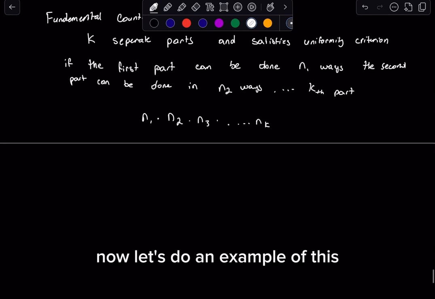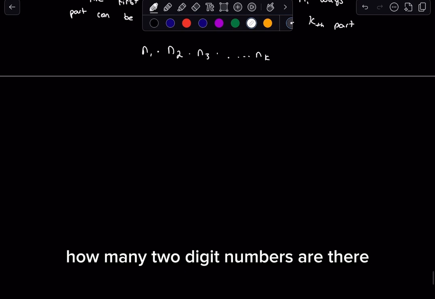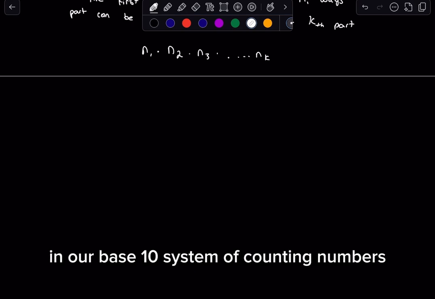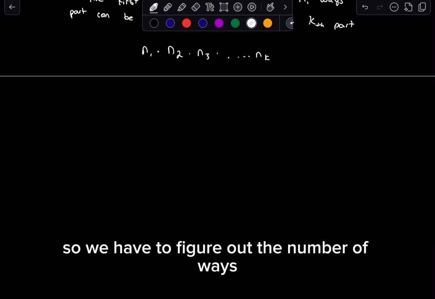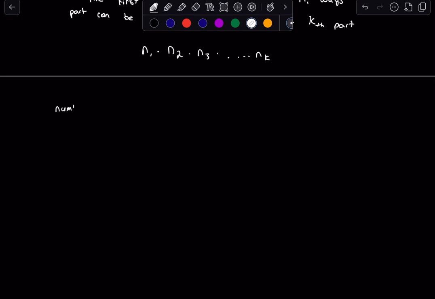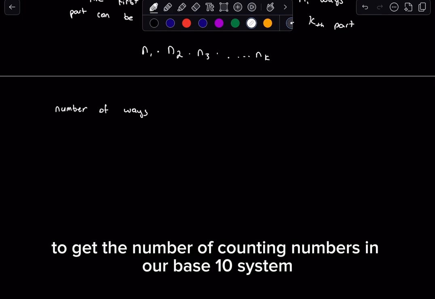Now let's do an example of this. How many 2-digit numbers are there in our base 10 system of counting numbers? So we have to figure out the number of ways to get the number of counting numbers in our base 10 system.